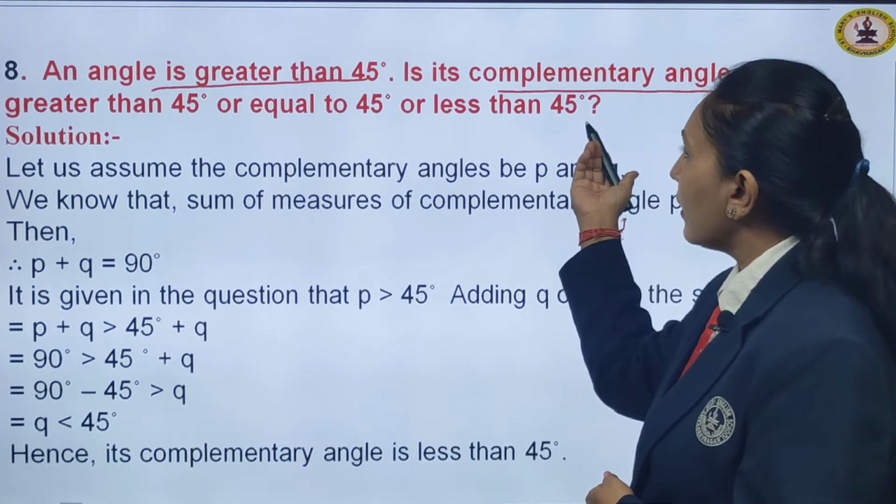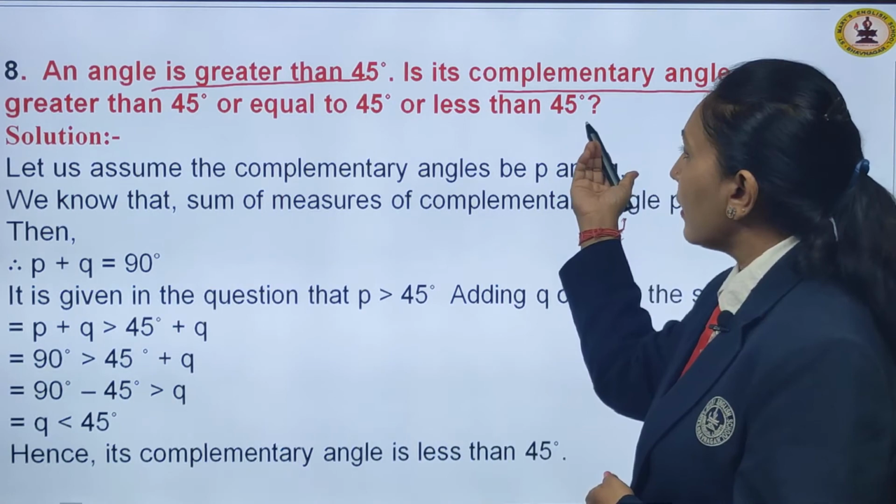Now you can see that here it is given P plus Q is equal to 90 degrees. You got here P plus Q. I will substitute the value of P plus Q as 90 degrees, which is given here in the condition. So 90 degrees greater than 45 degrees plus Q. Now this number 45 I will take to the other side for subtraction.